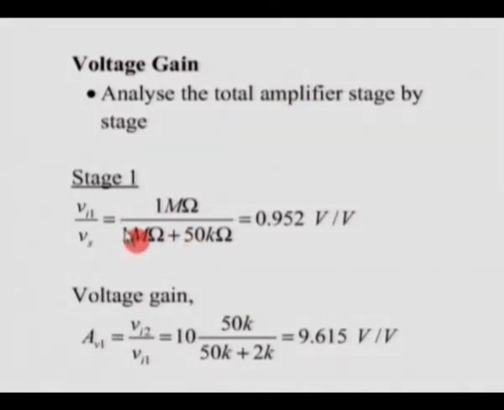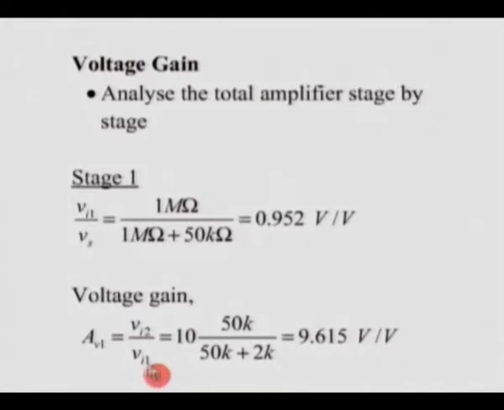Now, in the first stage, since we have the source also, if you look at the fraction of the voltage appearing at the input of the first stage, we can find the fraction as Vi1, the voltage at the input of the first stage, divided by Vs, which you would find as 1 mega ohm by 1 mega ohm plus 50 ohm, and that you would get as 0.952. So, it is less than 1. Now, the voltage gain of the first stage, as I said, is measured from the output of the first stage to the input of the first stage.